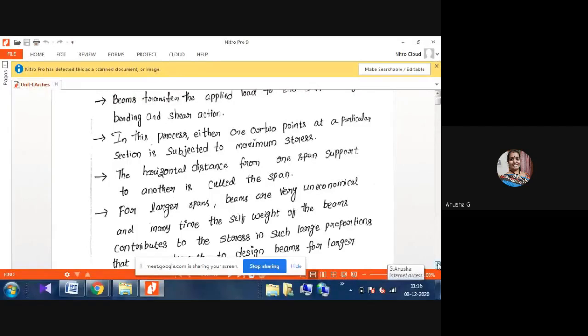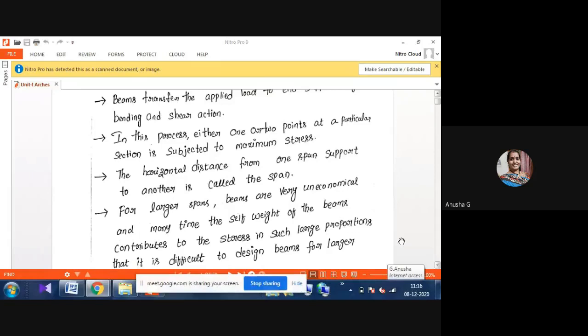The arches we observe are for larger spans, where beams are not very economical, and many times the self weight on the beams will contribute to the stresses at such large spans, which has to be considered in the design of beams for larger areas.